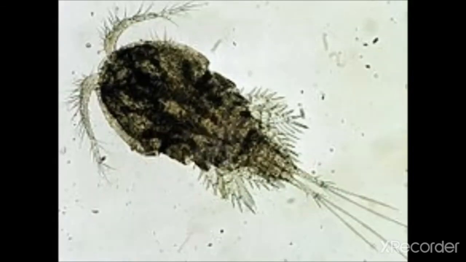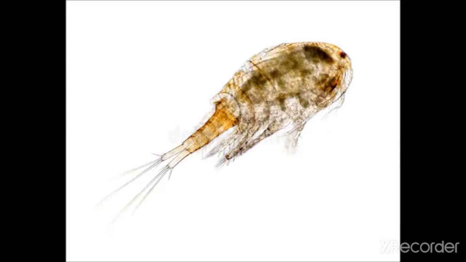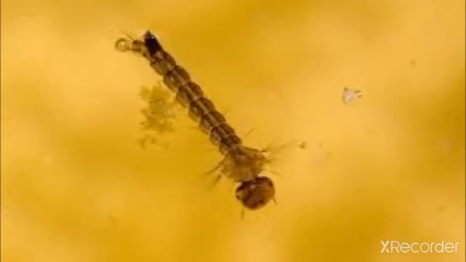Then the next one is the cyclops. These are small copepods found along with daphnia. They are grayish green in color and smaller than daphnia. This is about the cyclops. Then the mosquito larvae, a valuable food for the aquarium.